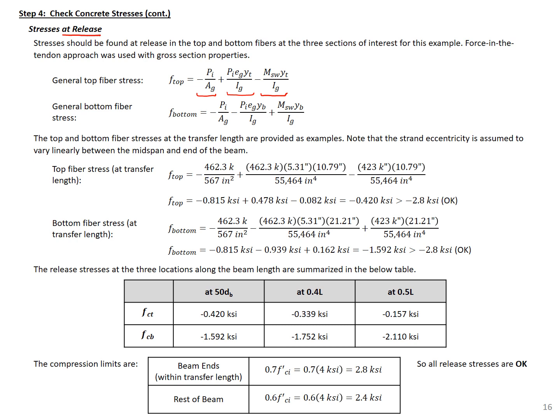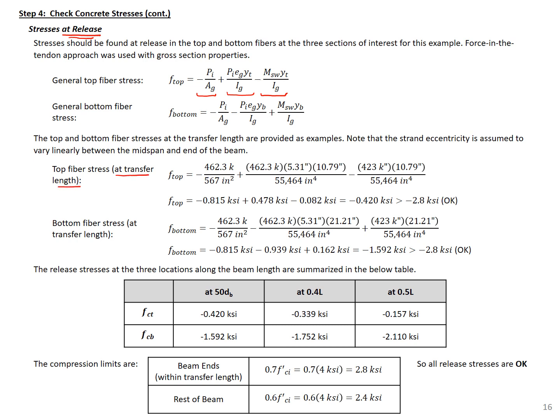Just to highlight, we're looking at release, so we're going to use our P sub I, our initial prestressing force that we found on the last slide. This is the force immediately after transfer. As an example, I calculated our top fiber stress at transfer, or at the transfer length.